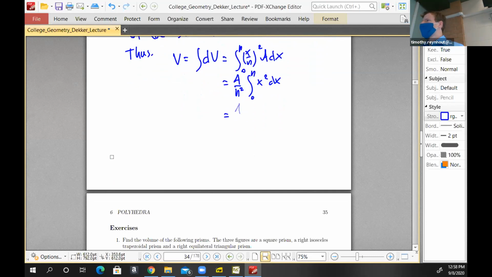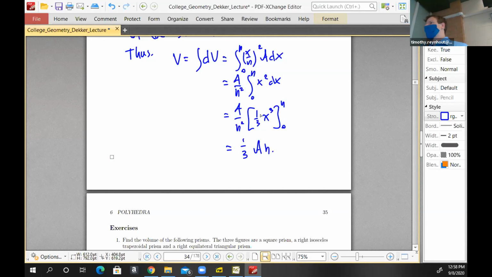And so that would be A divided by h squared times the evaluation of 1/3 x cubed, evaluated from 0 to h. Because I'm limited on room, we'll just say that evaluates to, skipping a step here, 1/3 A times h.